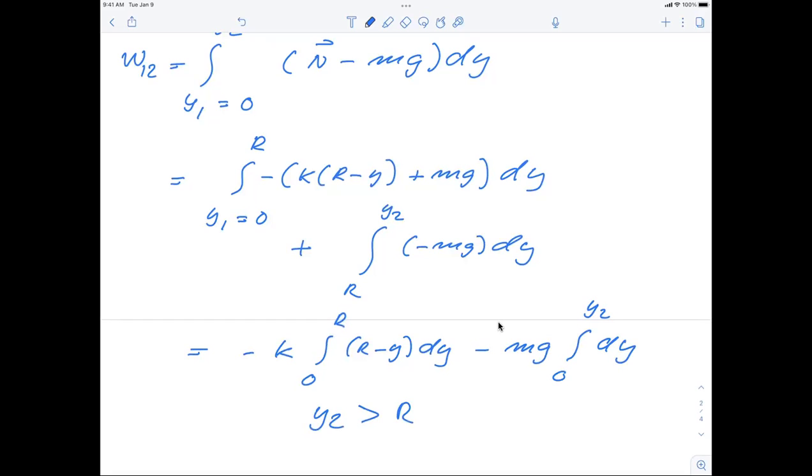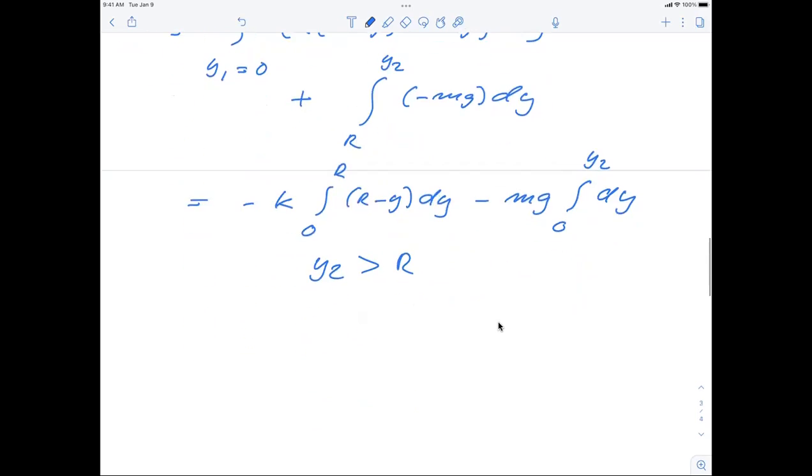Then this is something we can easily integrate. What we get is minus K, setting in the limits, K times r squared plus K times r squared divided by 2, minus mg times y2, which is the quantity we want to determine.